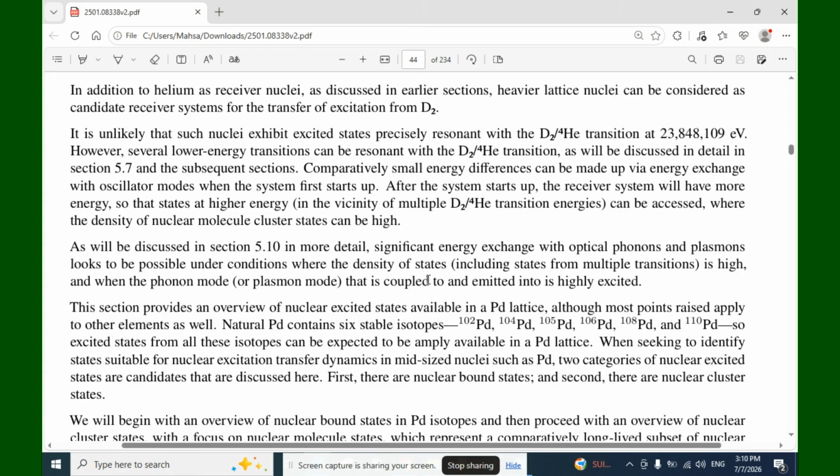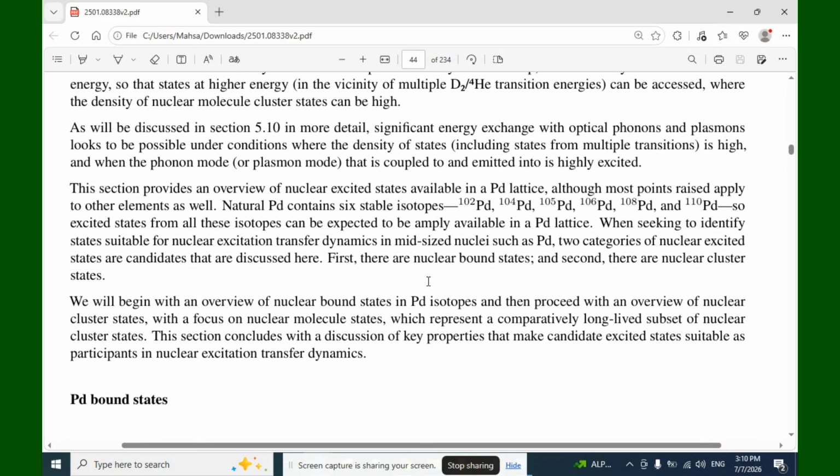Comparatively small energy differences can be made up via energy exchange with oscillator modes when the system first starts up. After the system's startup, the receiver system will have more energy, so that states at high energy in the vicinity of multiple deuterium-deuterium to helium-4 transition energies can be accessed, where the density of nuclear molecular cluster states can be high, as will be discussed in section 5.10 in more detail.